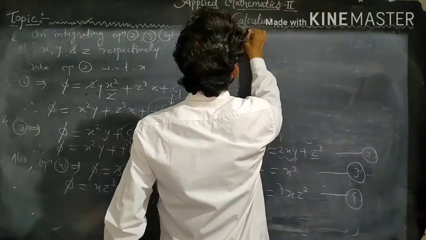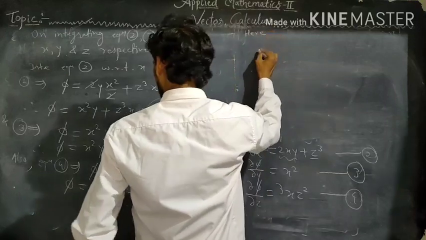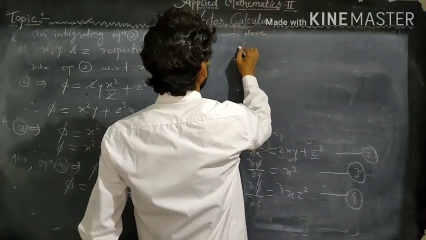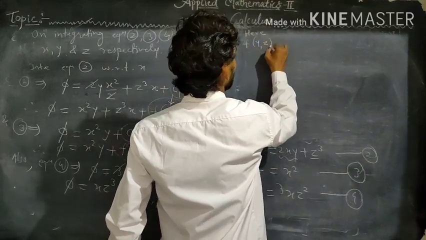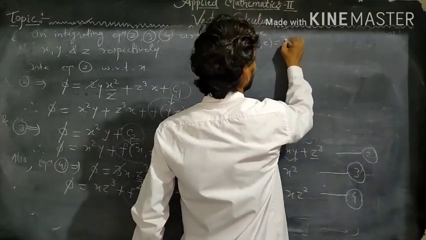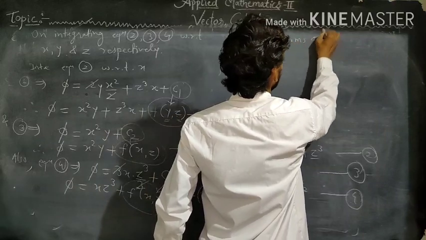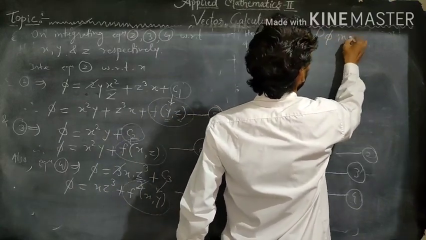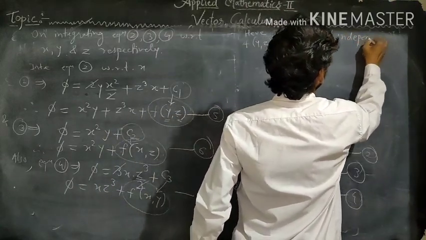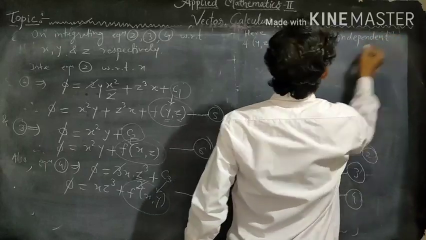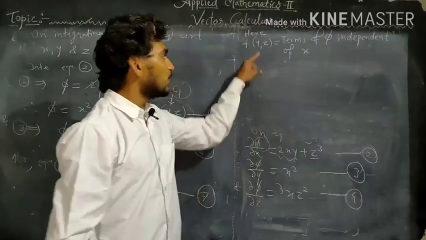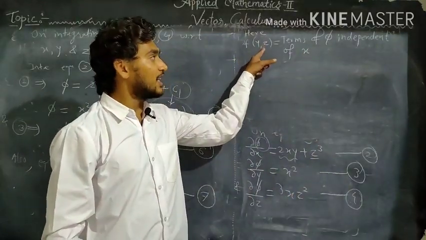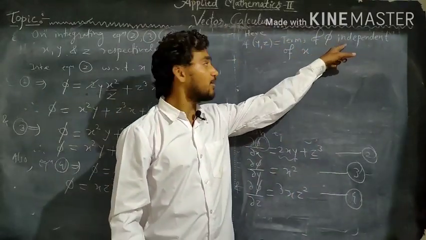Here first constant f of y comma z is equal to terms of phi independent of x.